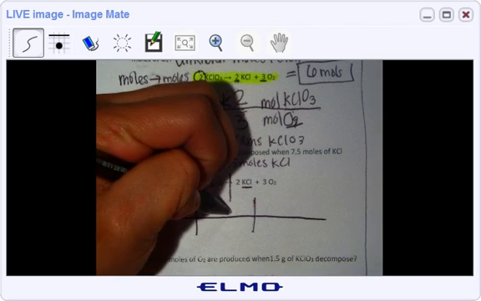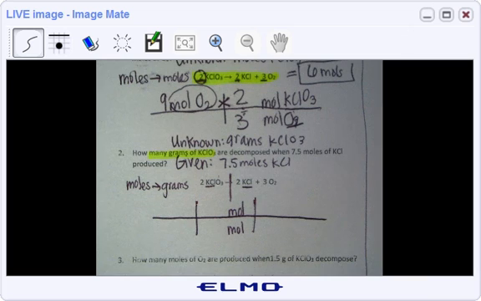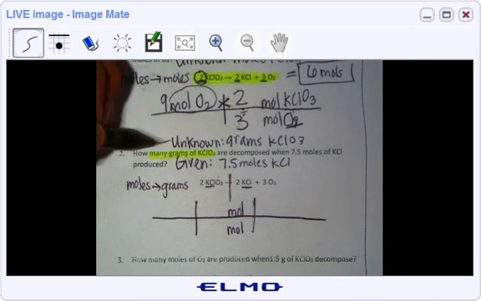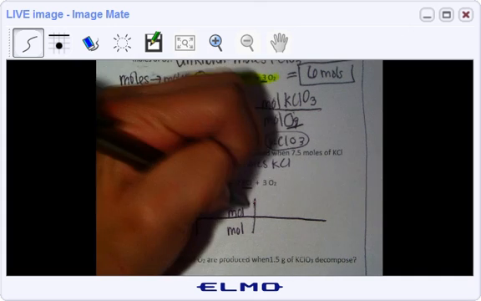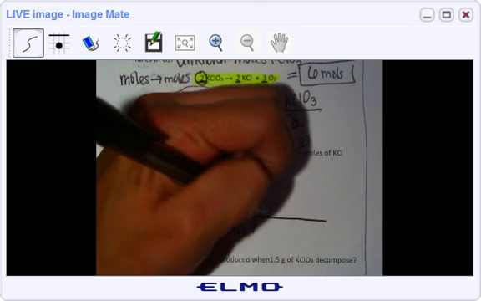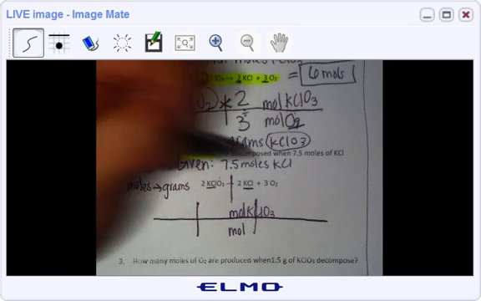Again, on my pattern sheet, it says the unknown is on the top. From this problem, we said the unknown was KClO3. So that's KClO3 on top because the unknown compound and coefficient goes on the top. Whatever the known is goes on the bottom. What was known was KCl.